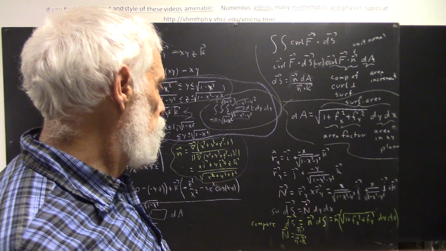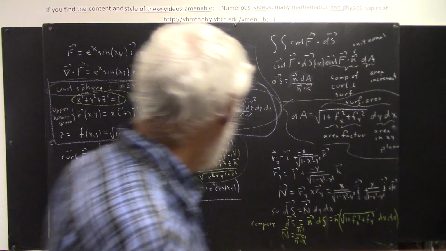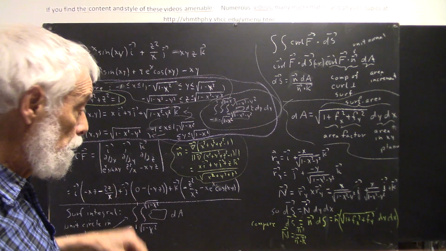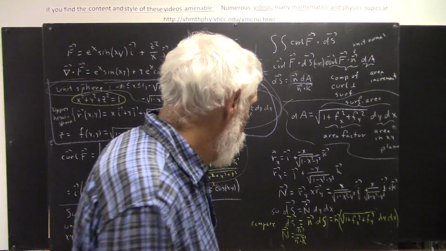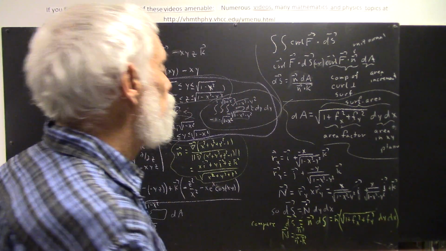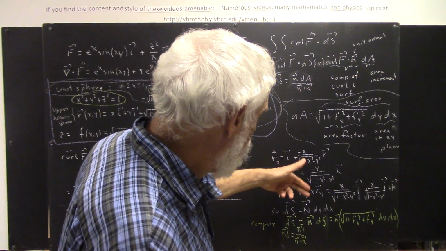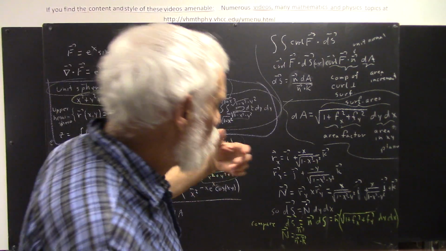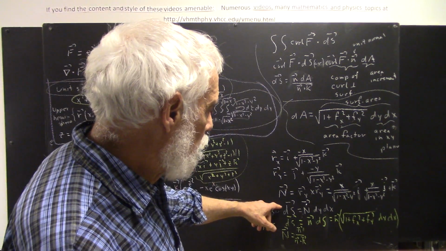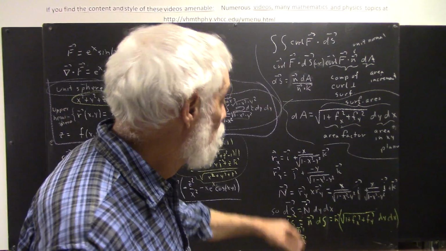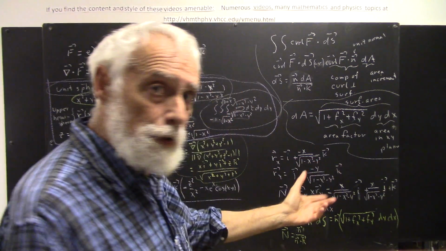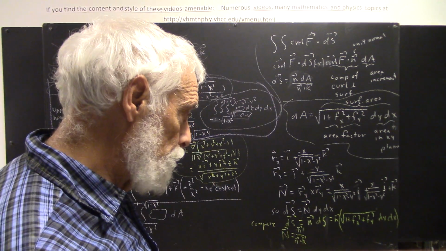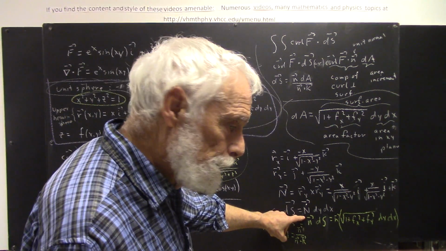And then if we want to integrate with respect to x and y, according to this parameterization and this set of equalities, all we have to do is integrate, of whatever it is, F dot n dy dx, okay? If we want to integrate the normal component of something, we're going to dot it with this, because if you dot a vector with n, you get the component of that vector in the direction of n, multiplied also by the magnitude of n.